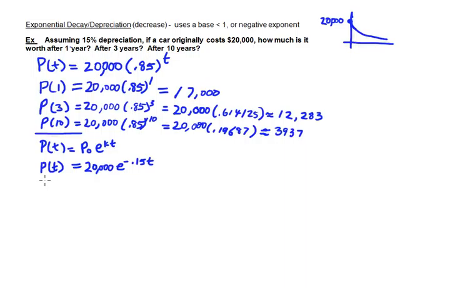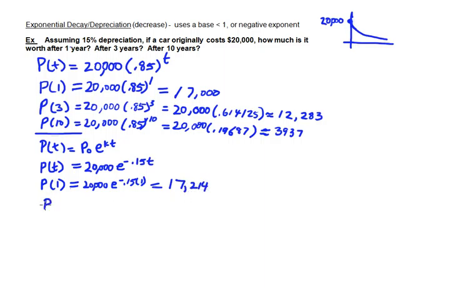So we can complete our calculations for the various years. We have P of 1, which is the value after 1 year, is equal to 20,000 e to the minus 0.15 times 1. And when we work out those numbers, it comes out to be slightly higher than what we got from before. It's 17,214.